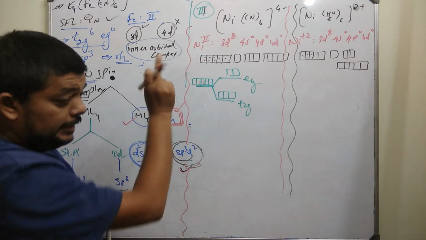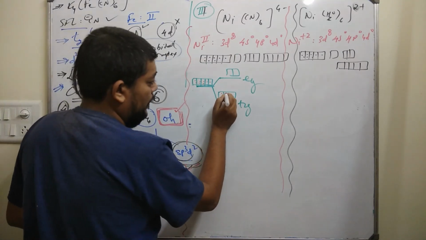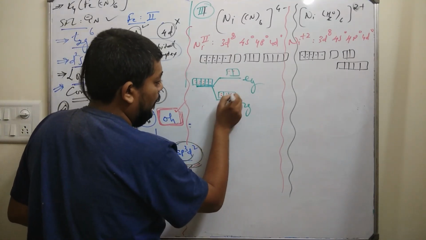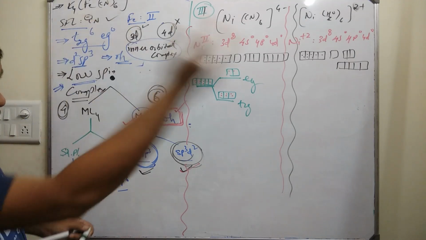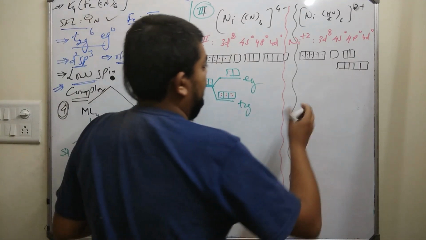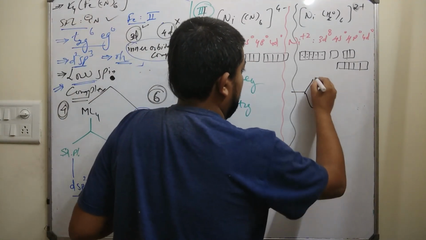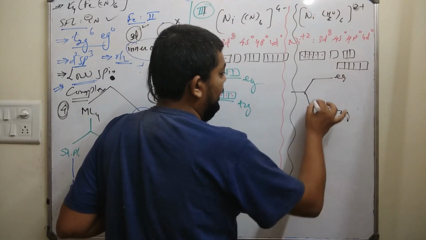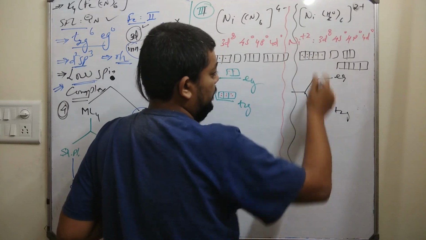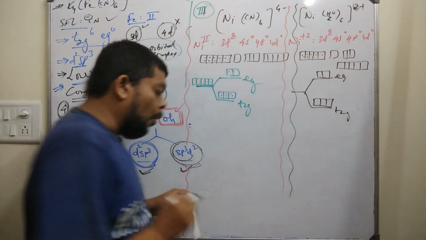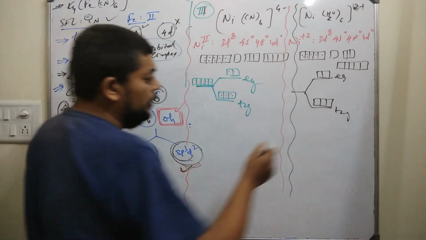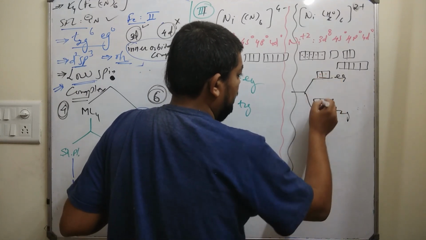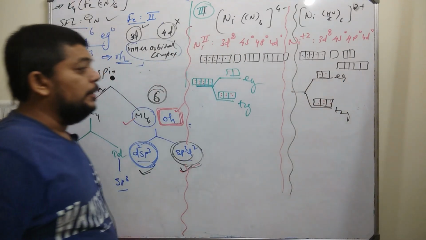When I place these 8 electrons over here, it is like this. Going on the other side. This point will make you understand why we do not directly pair from here. We always go for the T2G EG concept. It is very important over here.